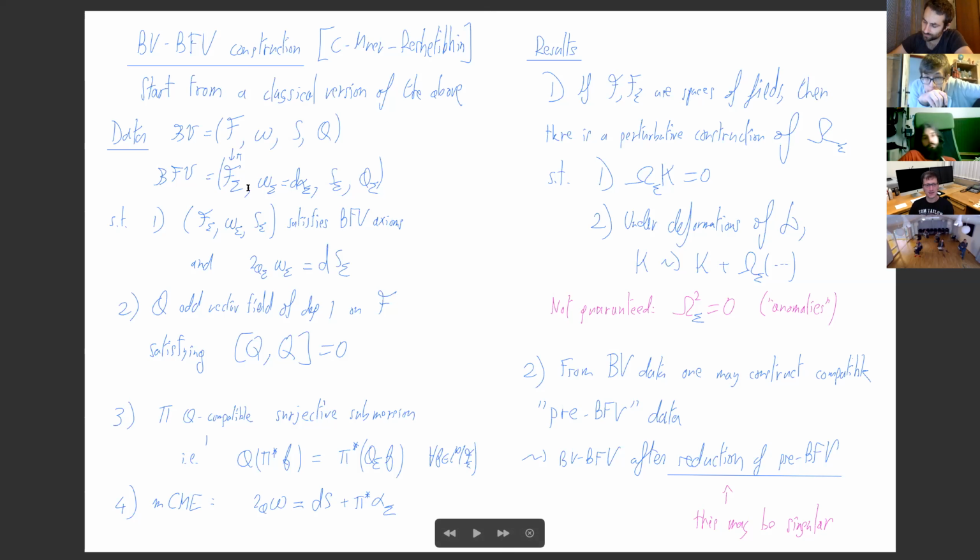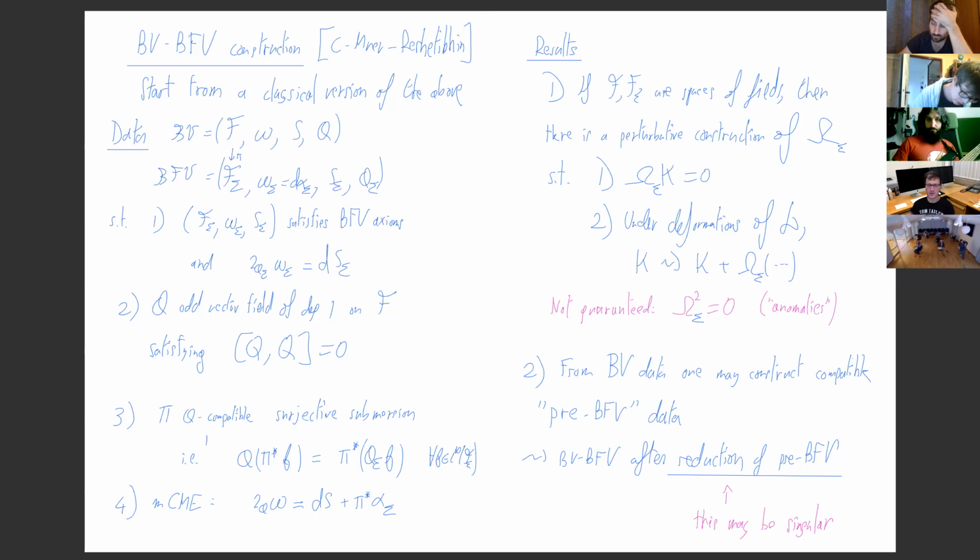Basically, they will give you something like here with all these properties, apart from the non-degeneracy of omega sigma. And then the idea is that if you have this data with omega sigma degenerate, you can do some symplectic reduction, and then you get the good BFV data, right? And this is the procedure that we may apply to several field theories.